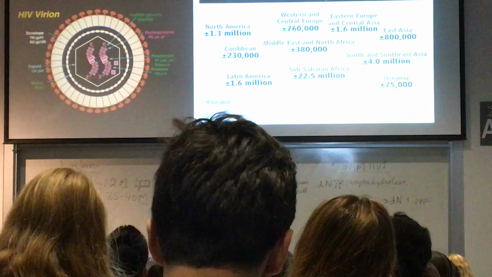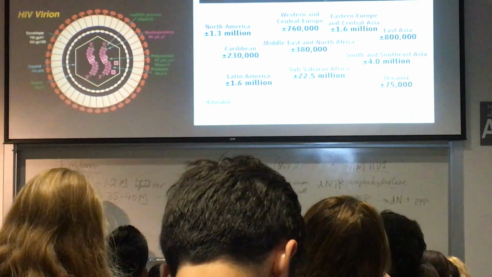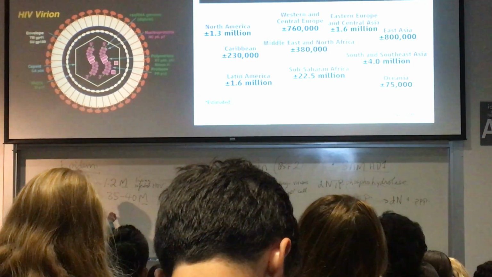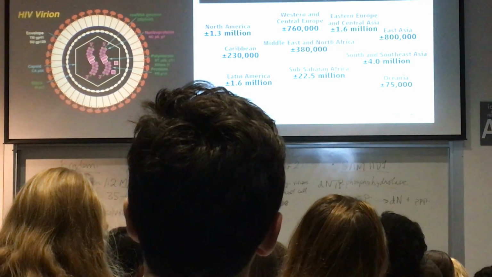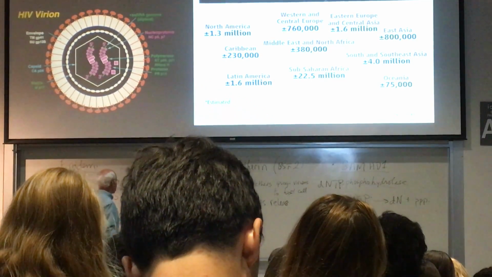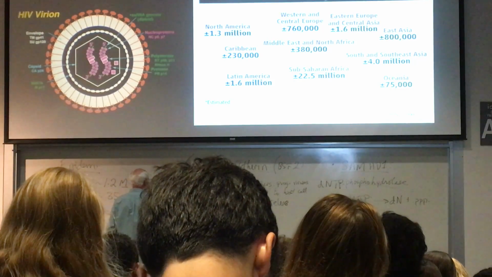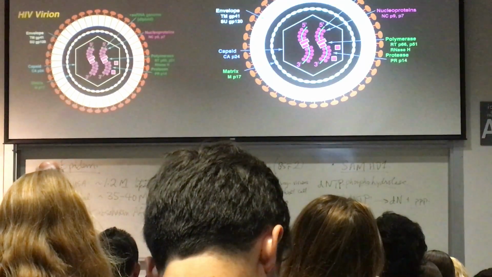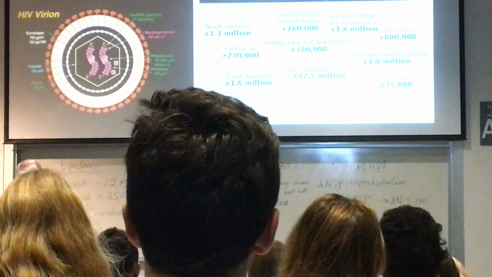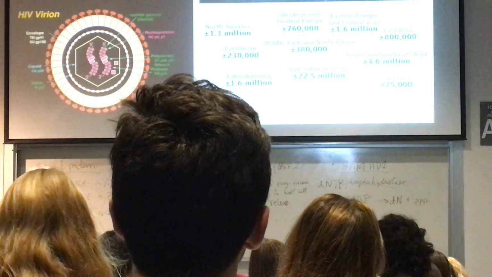The bulk of the cases globally are in sub-Saharan Africa, where it remains a huge problem. Current estimates are greater than 25 million people infected with HIV in sub-Saharan Africa.